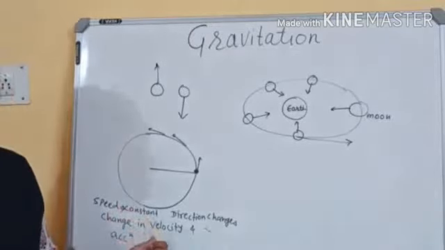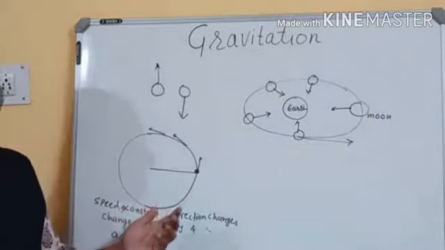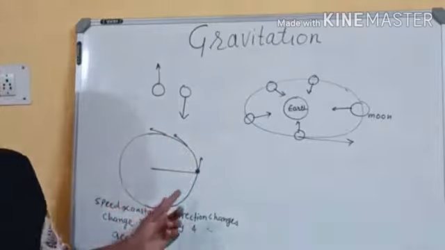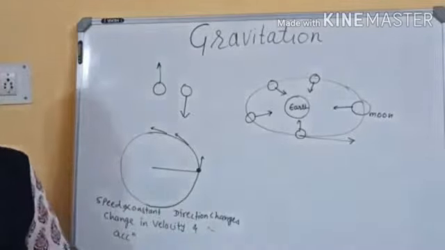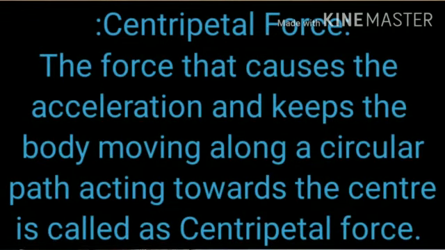The force that causes this acceleration and keeps the body in a circular path is known as centripetal force. So write the definition of centripetal force. The force that causes the acceleration and keeps the body moving along a circular path, acting towards the center, is called centripetal force.